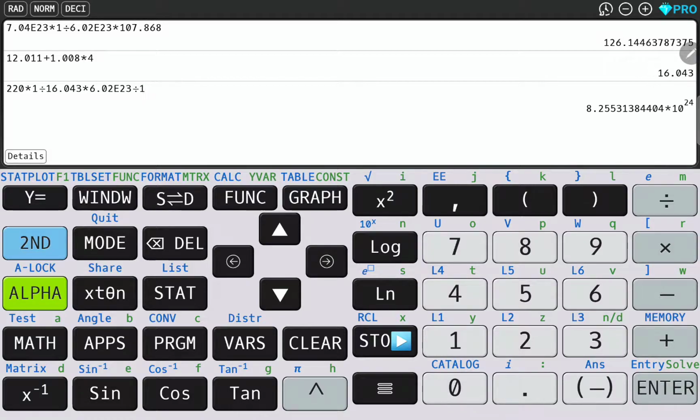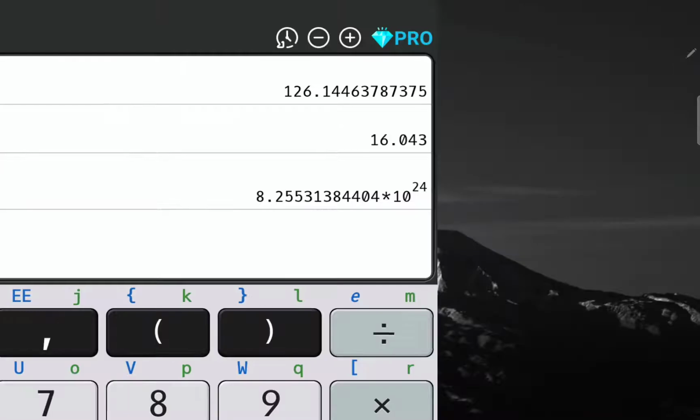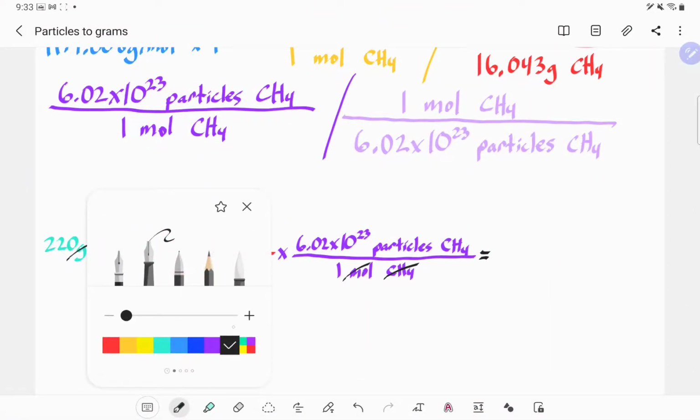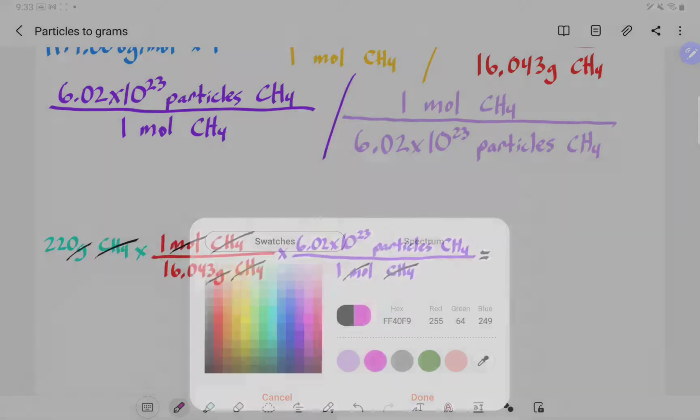We get a final answer of 8.26 times 10 to the 24th. I'll write it in pink because that's what we're solving for.